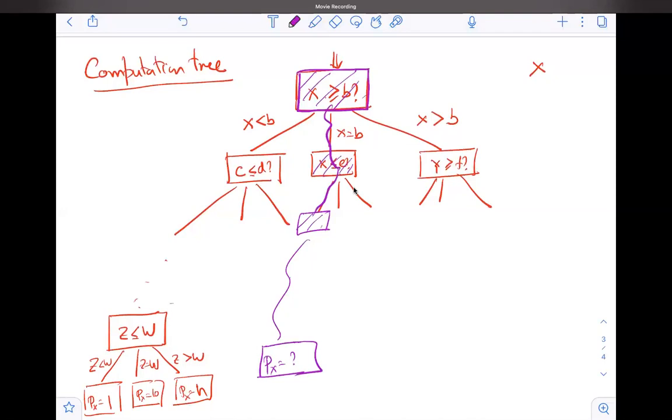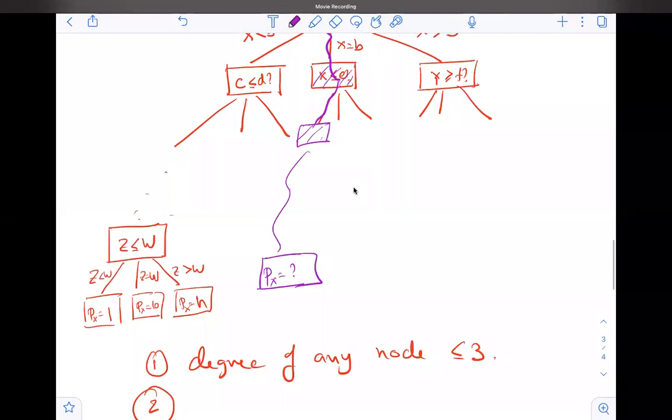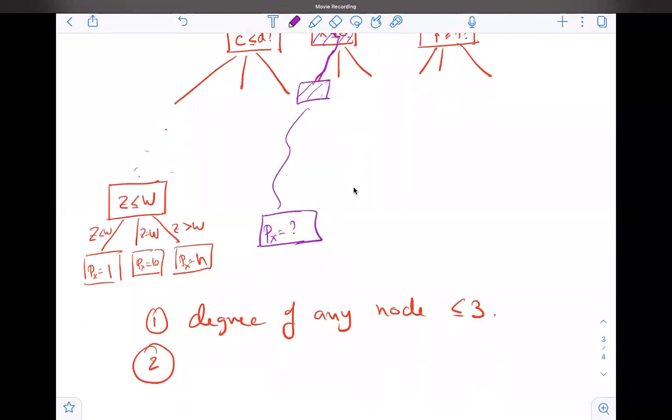So for different x's, I'll have different runs of the algorithm, which will output different positions. Since the number of positions is at least n, the number of leaves is also bigger than n.